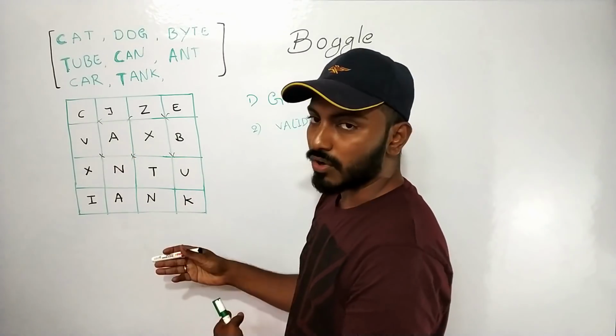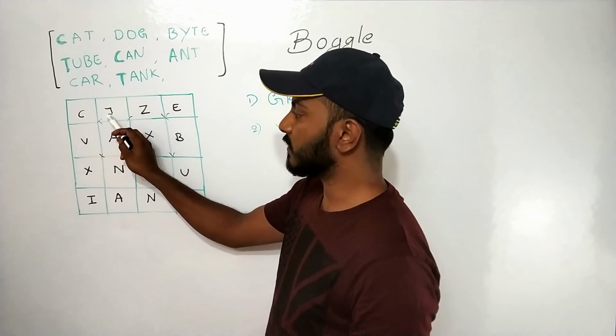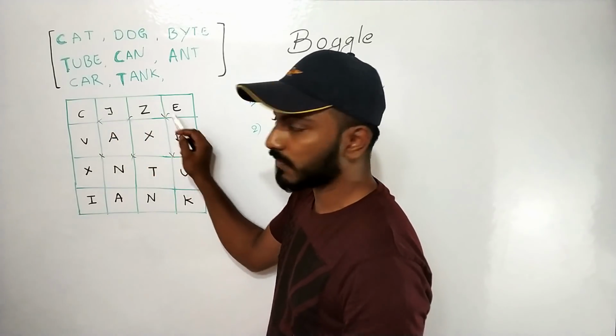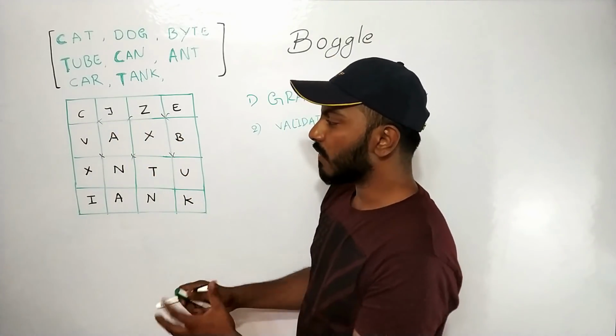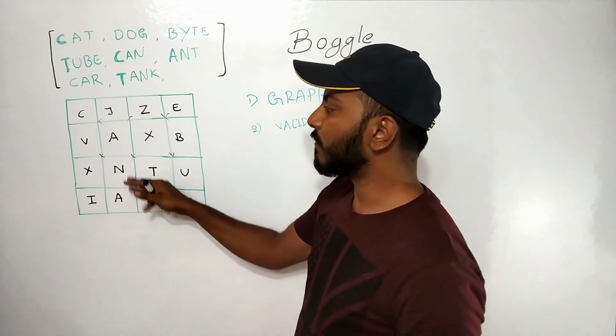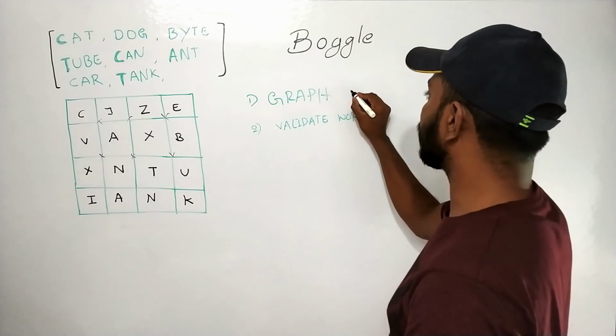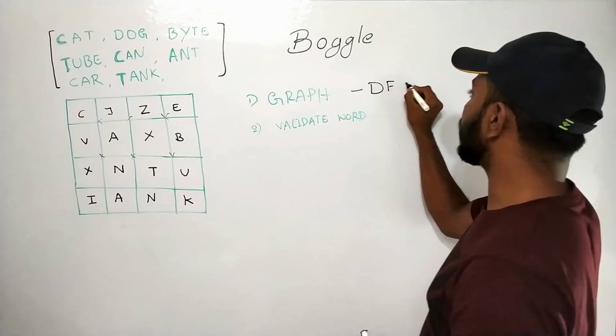To find different combinations of words, what should I do? Once I traverse to this particular cell, I have to keep traversing in all the different possible directions. That means we are somehow traversing to the depth of this particular graph. That arrives at the solution called DFS.